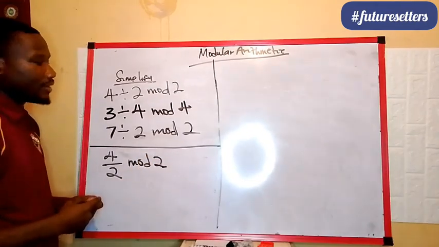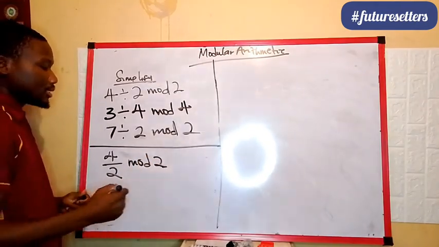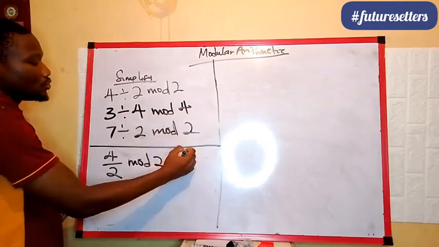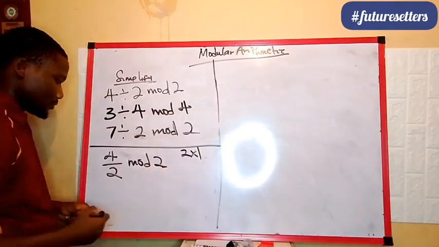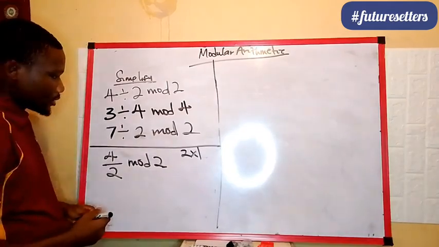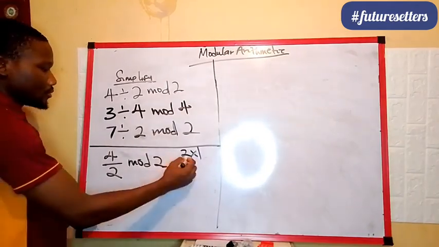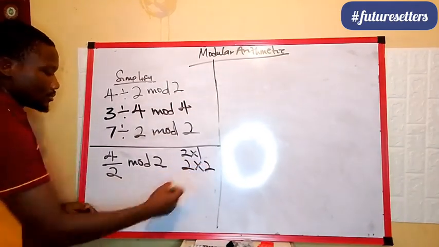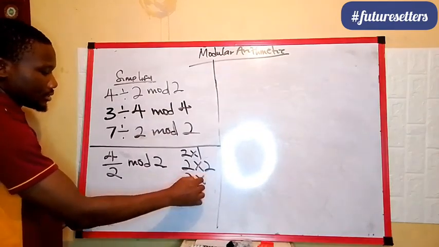Whenever you are having division, the first thing you do is check the mod: you check 2 times 1, 2 times 2, 2 times 3.